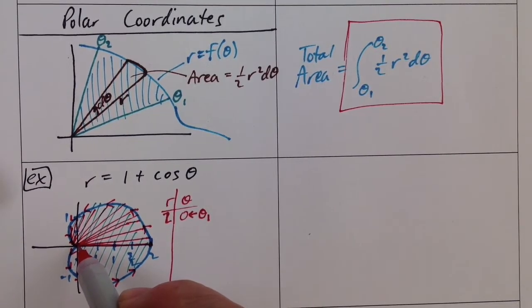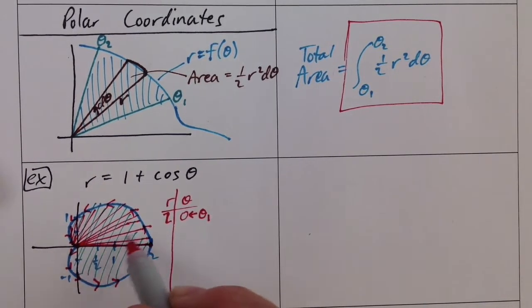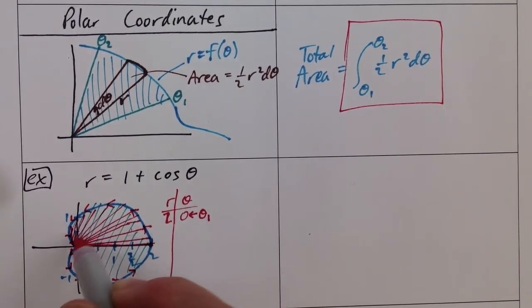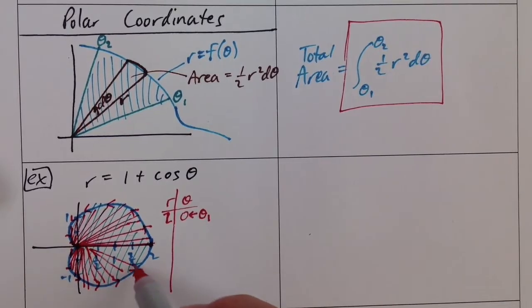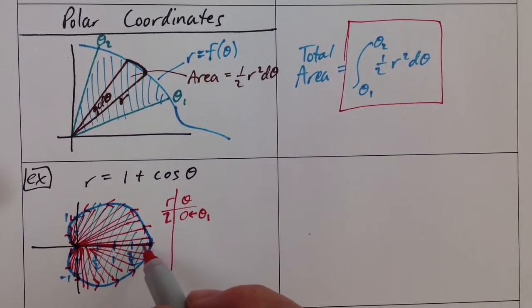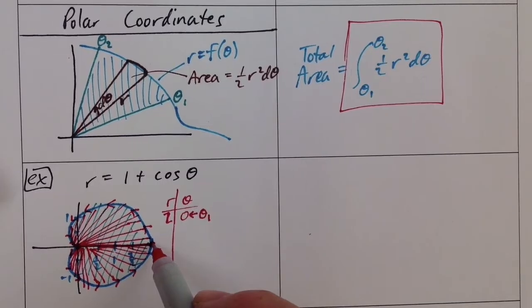So if you're having a hard time now, don't worry. But the sectors go all the way from 0 and then pi, and then they keep going. They start getting bigger again. They sweep out the entire region all the way there.